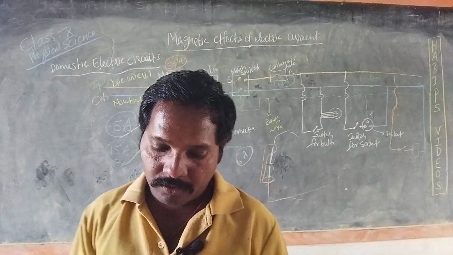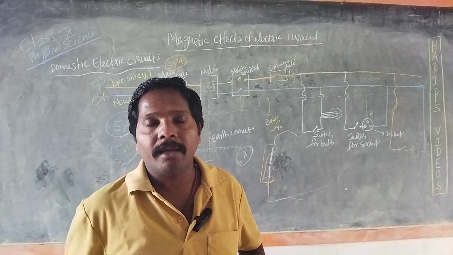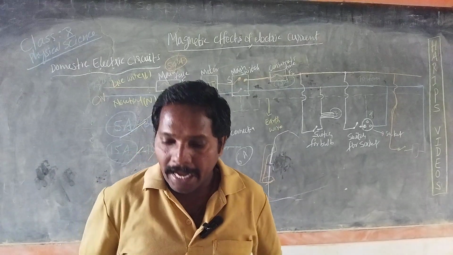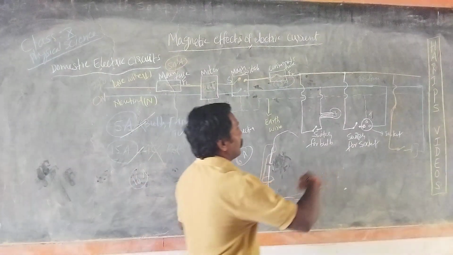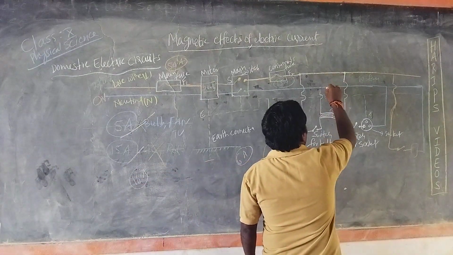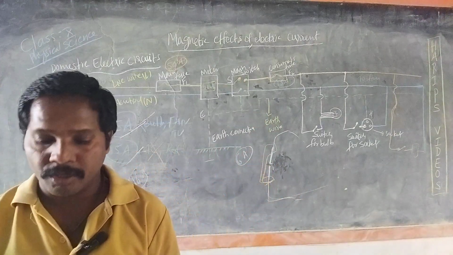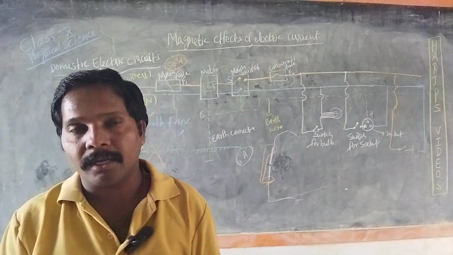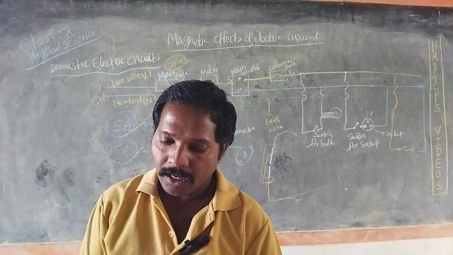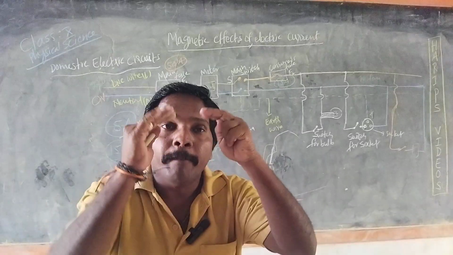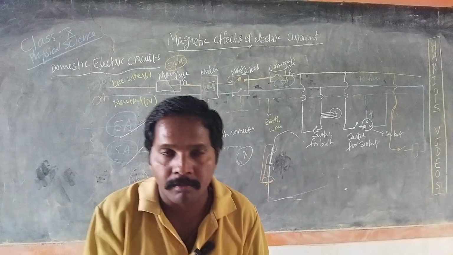Short circuiting is caused by the touching of the live wire and the neutral wire directly. If unfortunately the live wire and the neutral wire touch directly, a short circuit happens. When the two wires touch each other, the resistance of the circuit becomes less.